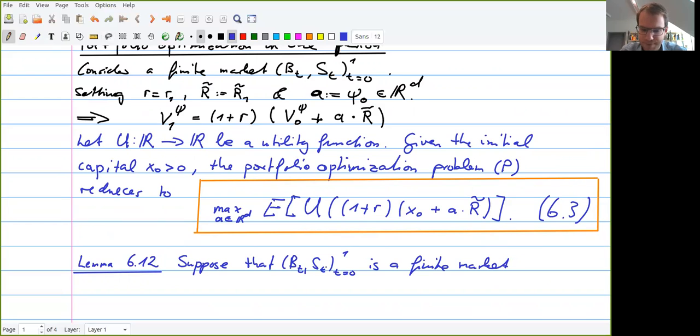And we want the vector of discounted returns to be non-trivial, so not equal to 0. This is actually not a restriction because if the returns are constantly 0, then this is a deterministic market without any proper moves. There's basically only a risk-free asset.